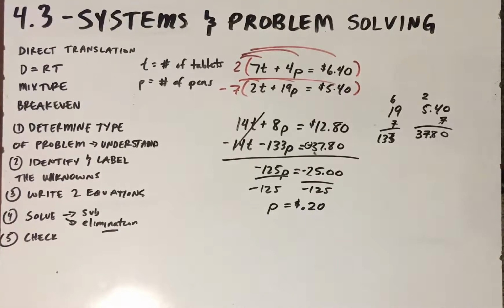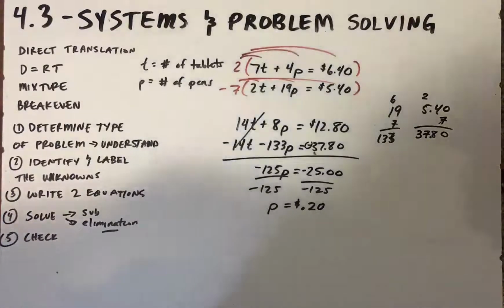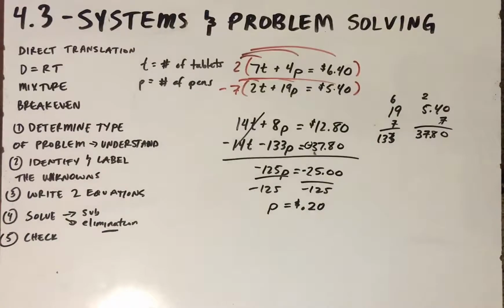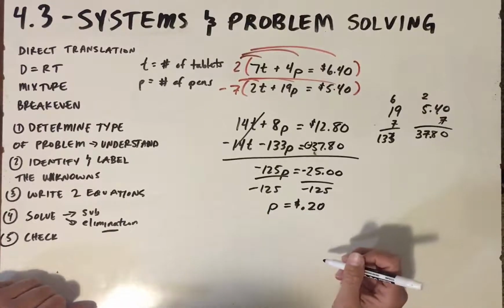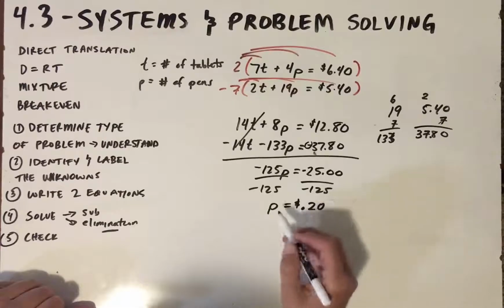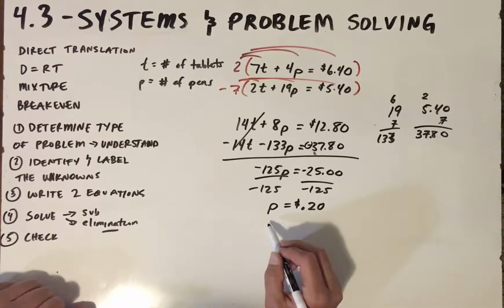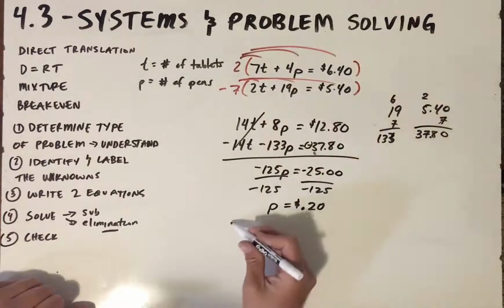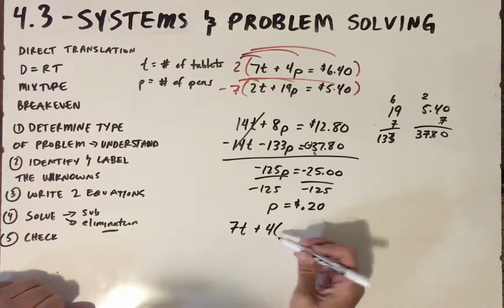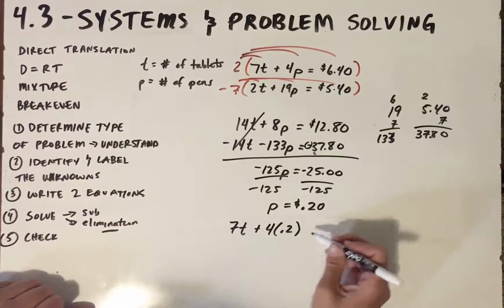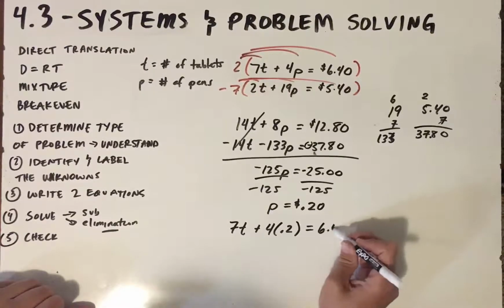That makes sense. Pens are pretty cheap. I can buy that. Okay, so we've got that pens cost 20 cents. And what about tablets? Well, what do tablets cost? Well, I'm going to back substitute this amount into the original equation. I'm going to choose equation 1, 7T plus 4P, which is 20 cents, or 0.2, is going to be equal to $6.40.